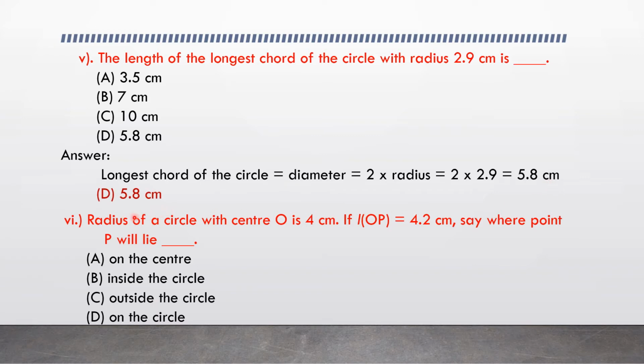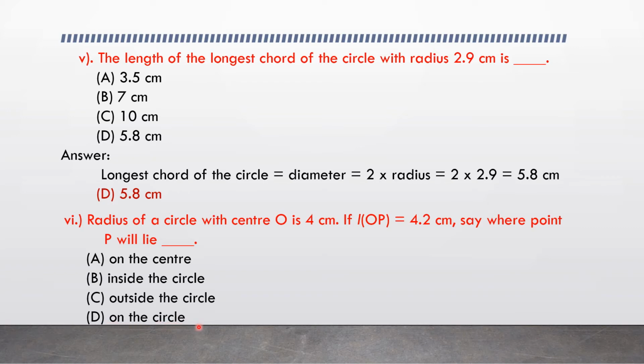And question 6. The radius of a circle with center O is 4 centimeter. If the length of OP is equal to 4.2 centimeter, say where the point P will lie. Option A is on the center, B is inside the circle, C is outside the circle, and D is on the circle.